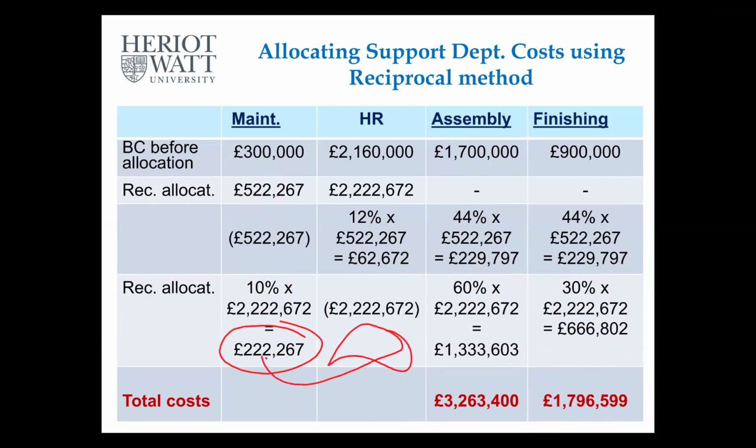Why is it the most accurate? They say that the reciprocal method is the most accurate allocation method. Why? Because of the percentages that it gives, like the 10%, the 12%.